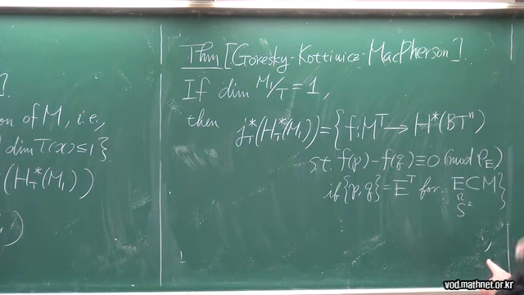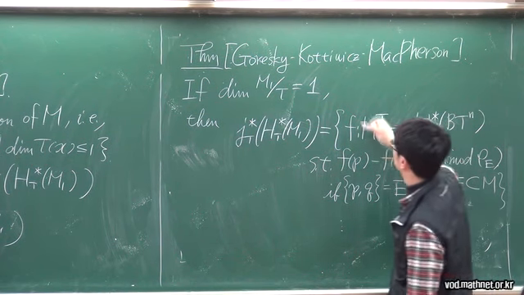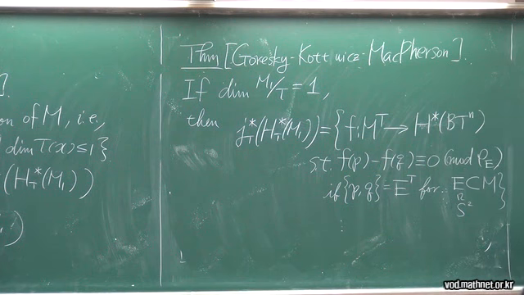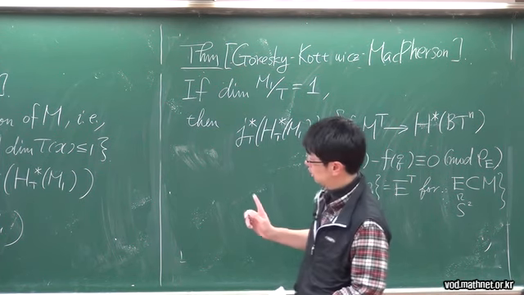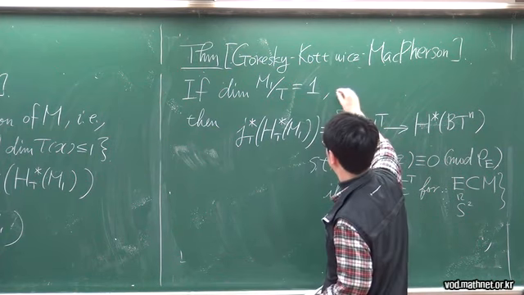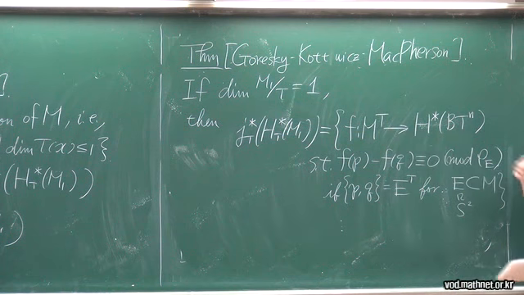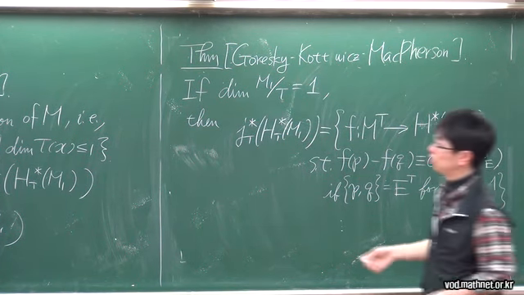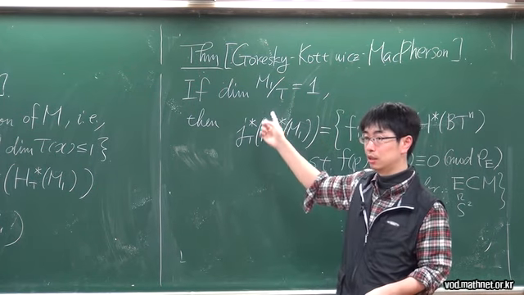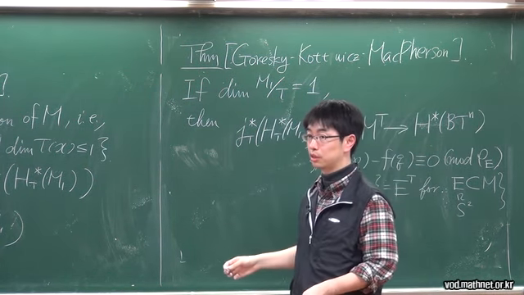Regarding the fixed point set: you're not assuming M^T is isolated? Actually, yes, I should assume it, but from this dimension condition, we can automatically obtain that it's isolated. Why? Because the dimension is 1, less than or equal to 1.